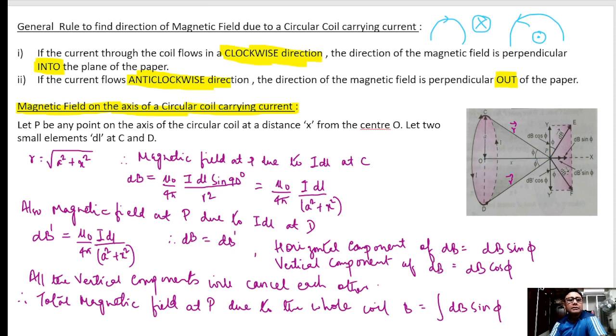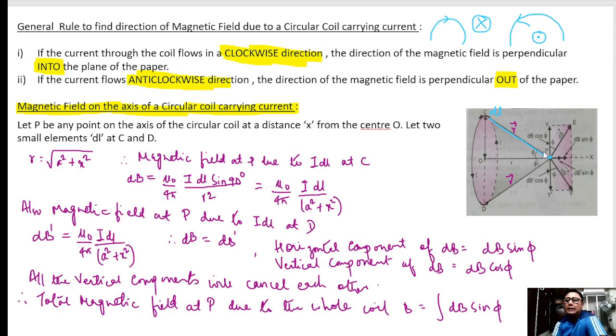So first of all, friends, please watch here. Let us imagine that we have taken a small current element dl here. Due to this dl, first I want to find out the magnetic field at a distance r.